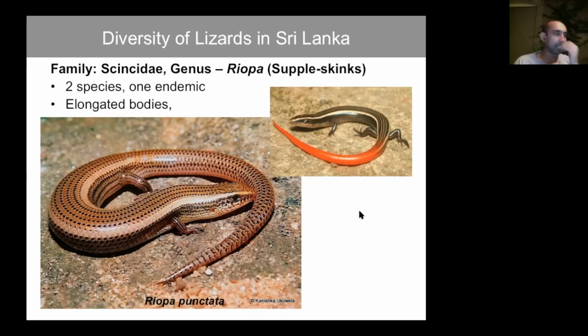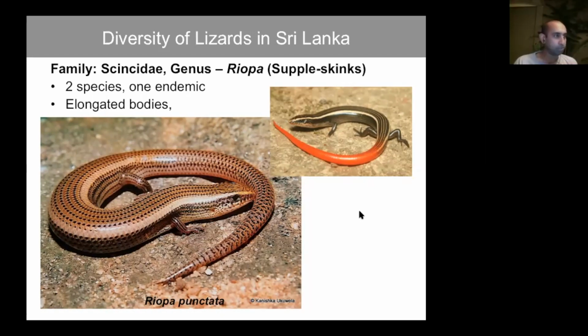It's most likely again a deceptive strategy to avoid predation, because predators might directly target the bright colored regions of the body, and of course, losing the tail is not a problem for these skinks.